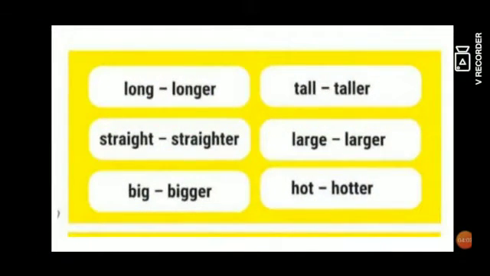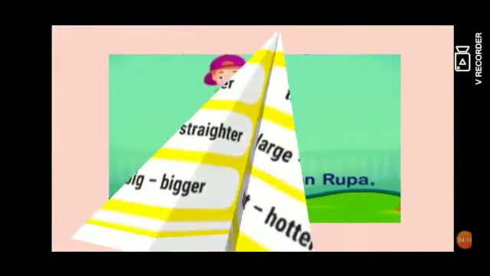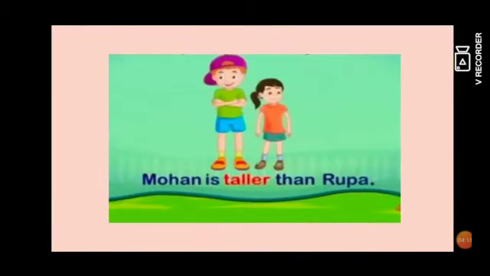Long, longer, tall, taller, straight, straighter, large, larger, big, bigger, hot, hotter. Let's take the example of a sentence. Mohan is taller than Rupa. Here we are comparing two nouns with each other in terms of their height. So that is why we have added er to the adjective in this sentence.